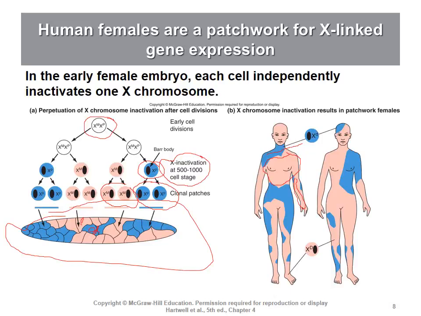So the cells that inactivate the orange allele, the X chromosome that carries the orange allele, will be black, while the other cells that inactivate the black allele will be orange. That's why we see a mosaicism or patchiness of black and orange color development in cats.